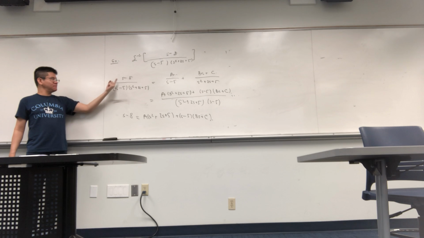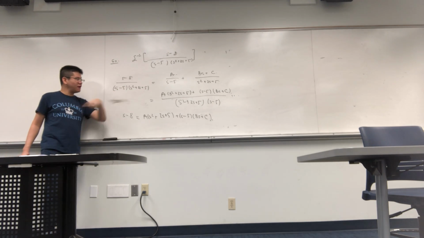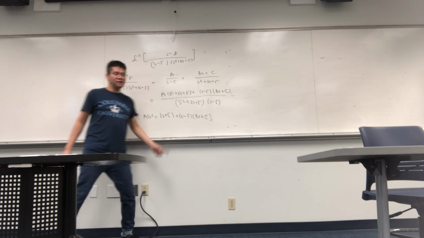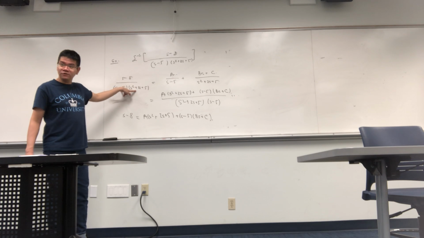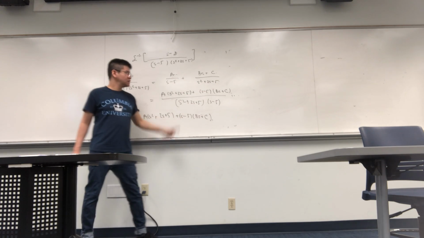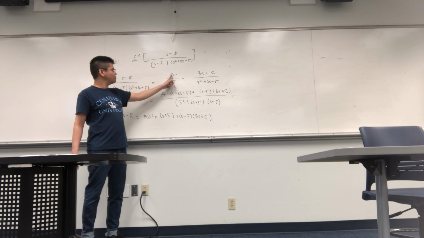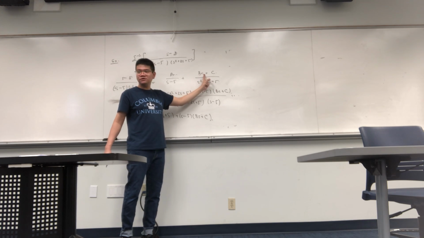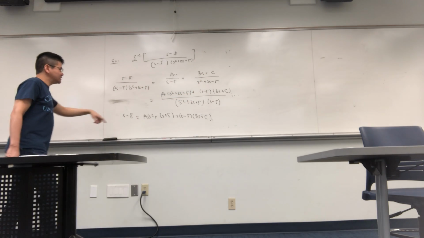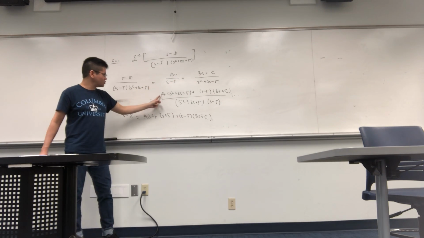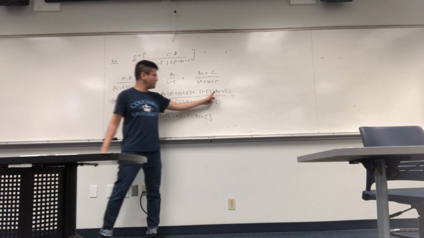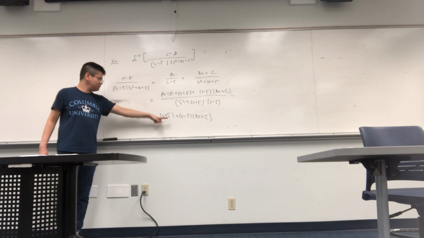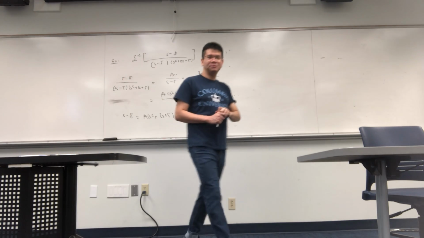First, I split the fraction as the sum of these two. Why? Because here I have two polynomials, which means that I have two fractions. The first one, s minus 5, is of order 1, so here I put something of order 0. And this one is of order 2, which means that here I have to put something of order 1. Alright? So now this sum is equal to A(s squared plus 2s plus 5) plus (s minus 5)(Bs plus C). How can I compute A?